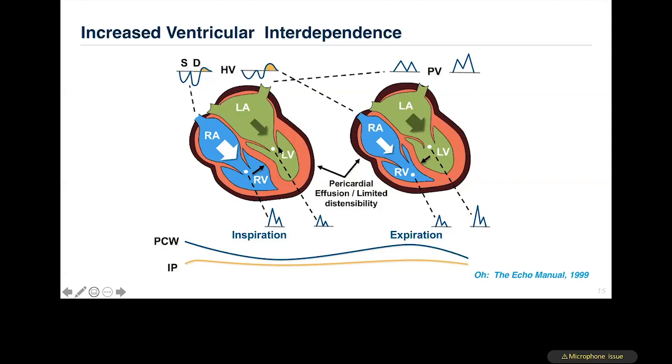Both of these features are associated with changes in the transmitral velocity. The transmitral velocities are exaggerated and bigger during expiration and reduced during inspiration. Vice versa, the transtricuspid velocities are exaggerated during inspiration, and the velocities reduce during expiration.